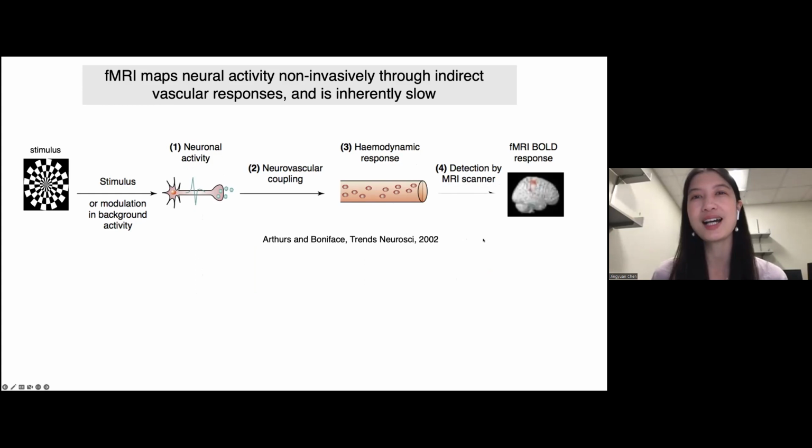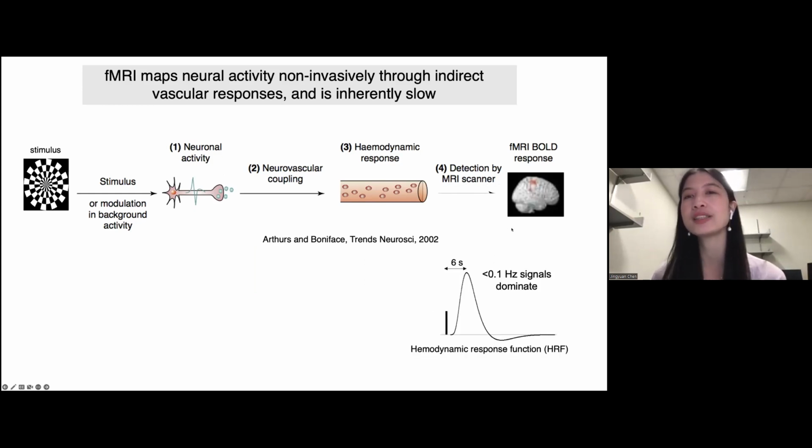But as you can see, this process is a bit sluggish. Typically, if you monitor the temporal course of the fMRI signals in the activated region, it may peak several seconds after stimulus onset. So the process is slow, and the major power of the fMRI signal is dominated by ultra slow frequencies.